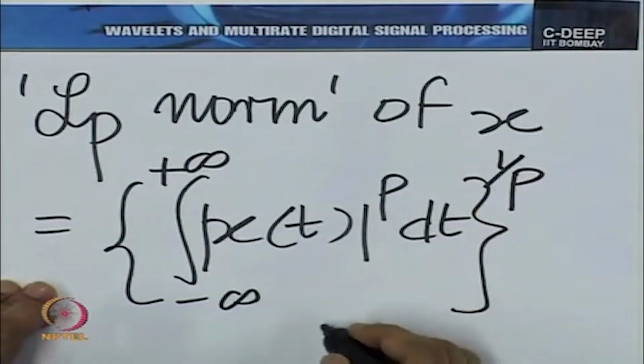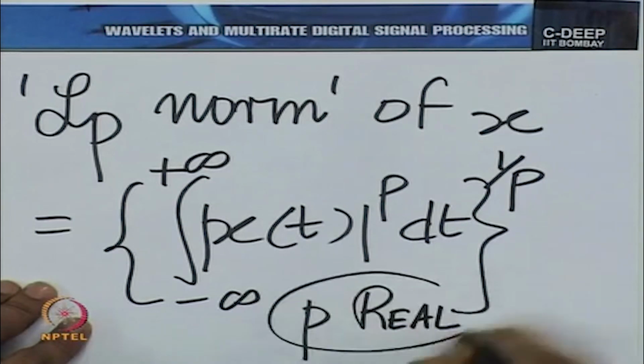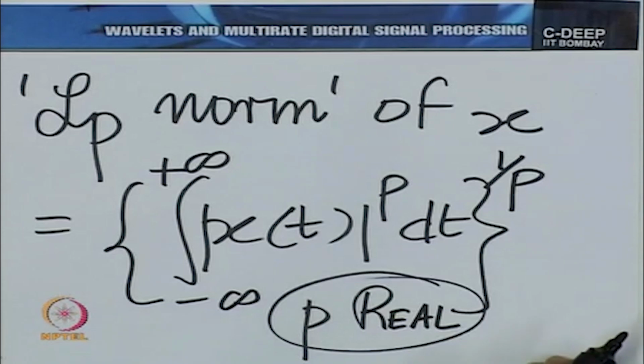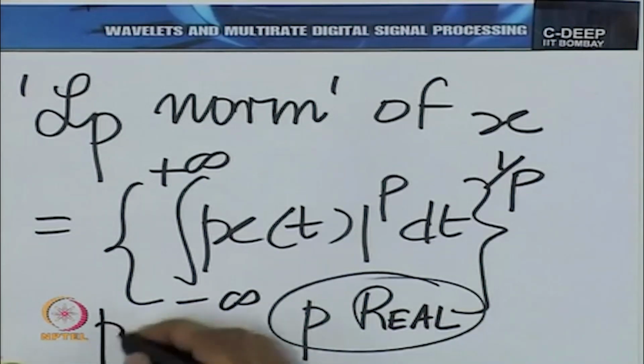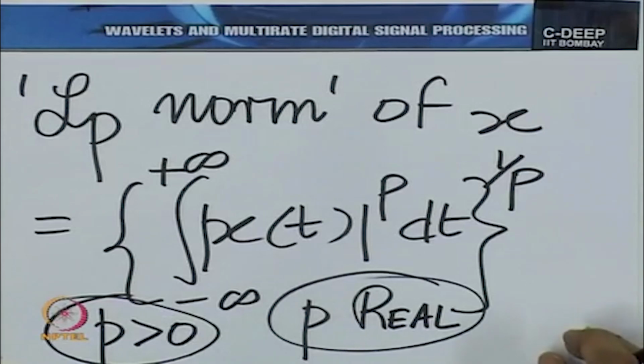And of course, p here is a real number, real and positive. So, you could talk about an L1 norm, you could talk about an L2 norm, you could talk about an L infinity norm.